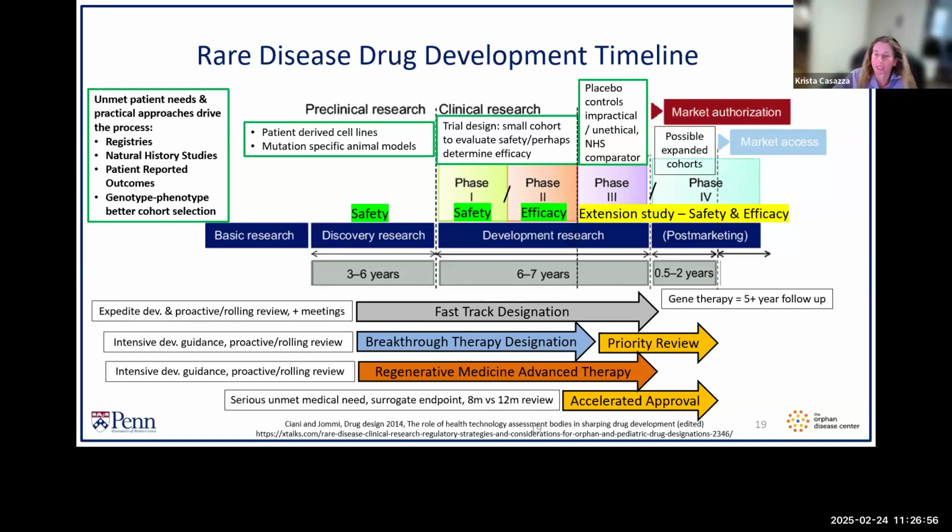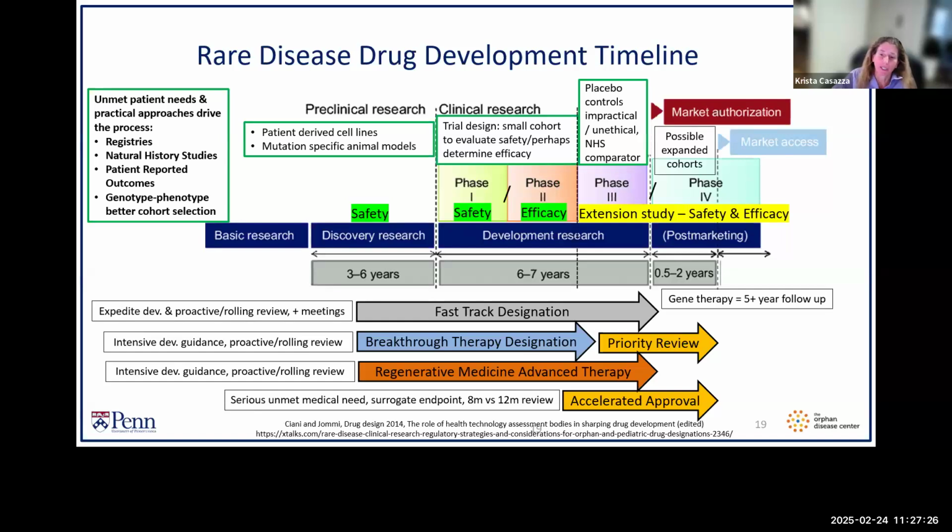So the qualification process could be a little bit different in this rare disease drug development timeline. And you see the inclusion of the breakthrough therapy, regenerative medicine, and accelerated approval pathways, all of which require strong biomarker-driven evidence, which obviously requires quality data across multiple domains because of the uniqueness of the rare disease process.